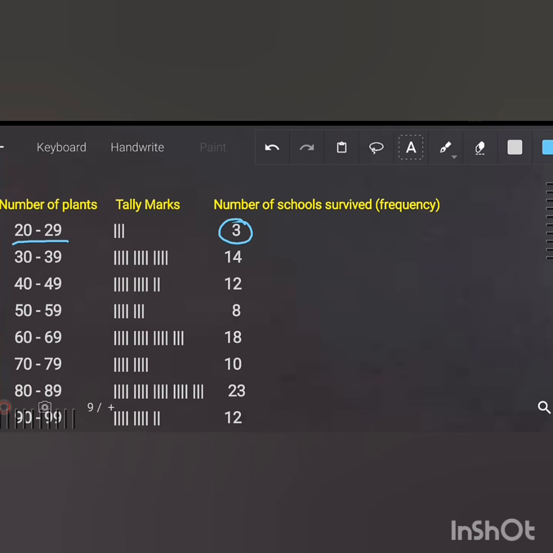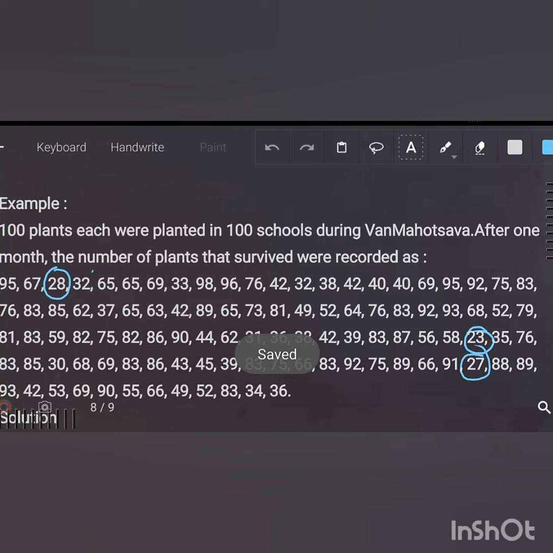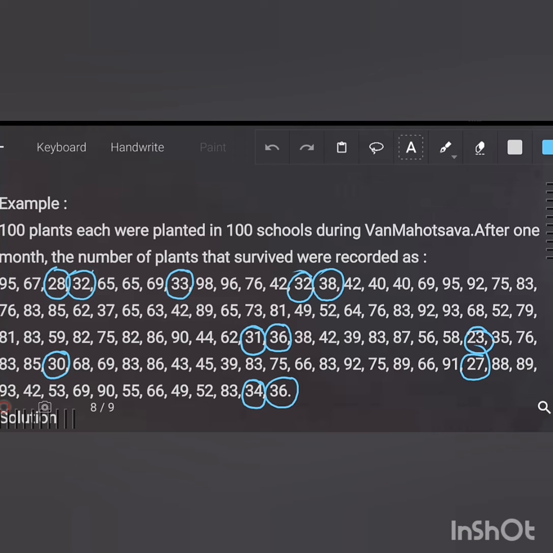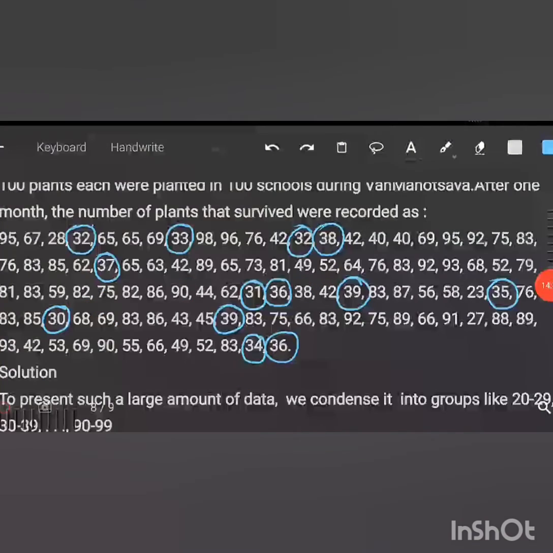Next one, 30 to 39. 1, 2, 3, 4, 5, 6, 7, 8 and 9, then 10, 11, 12, 13 here.